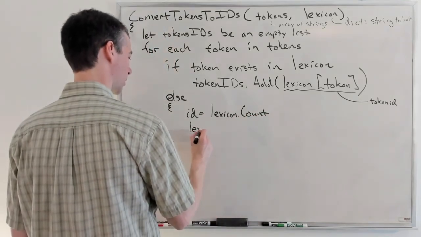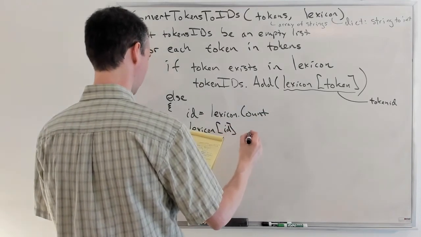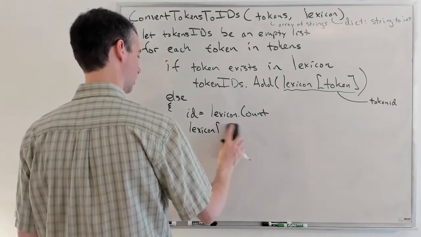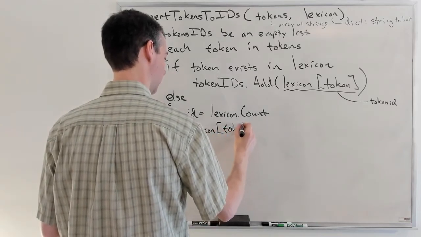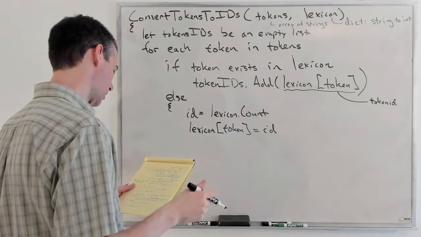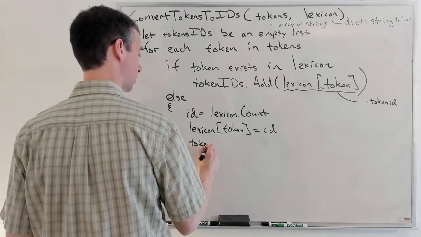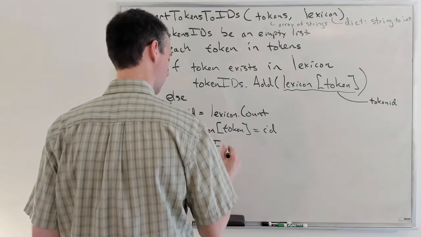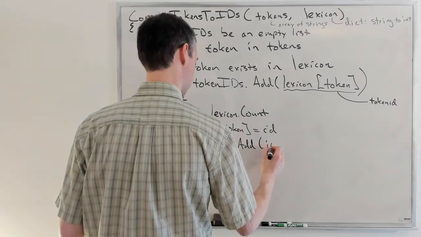Then we'll store in the lexicon this mapping from the token string to the ID. We'll also then do the same thing we did above, add the ID to the list of token IDs.